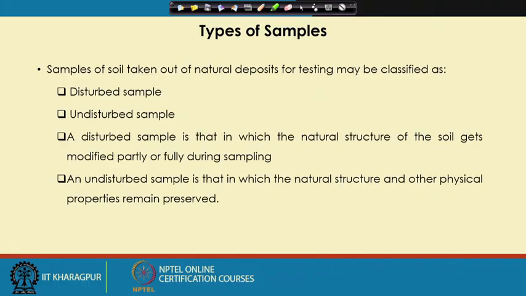Next, we will discuss the types of sampler, because as I discussed in the boring part also, for all the processes we use, the auger boring, the shell and auger, to construct the borehole. Okay? It is also mentioned that whenever a sample is required, we collect the soil sample from different depths depending upon our requirement.